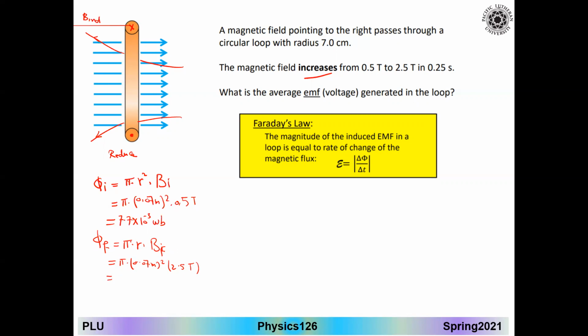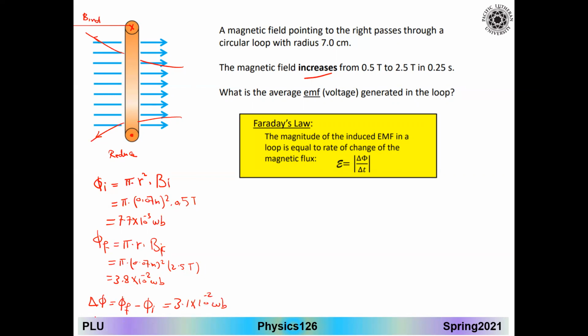This number is 3.8 times 10 to the power of -2 Weber. Now we can calculate delta phi, the change in flux: phi final minus phi initial. This number is 3.1 times 10 to the power of -2 Weber.